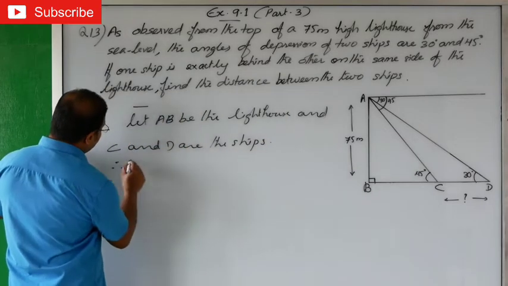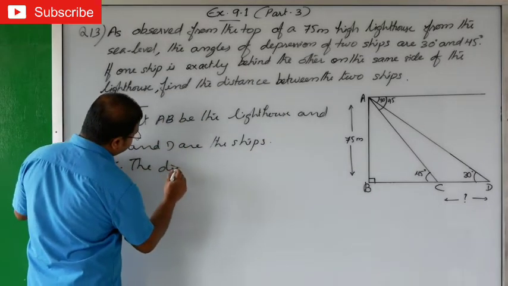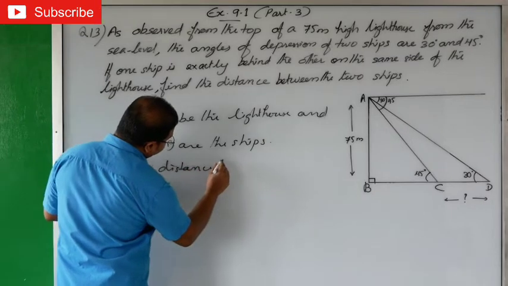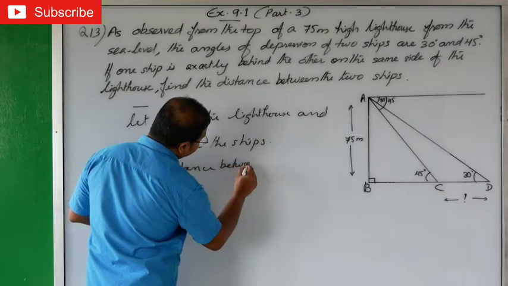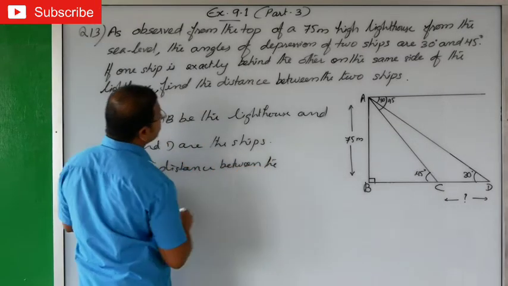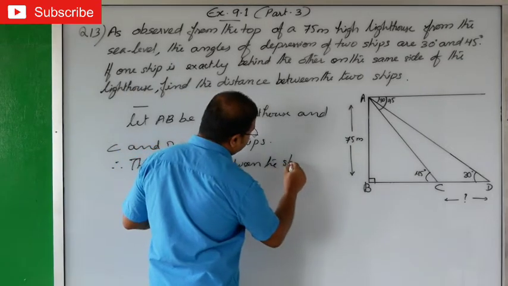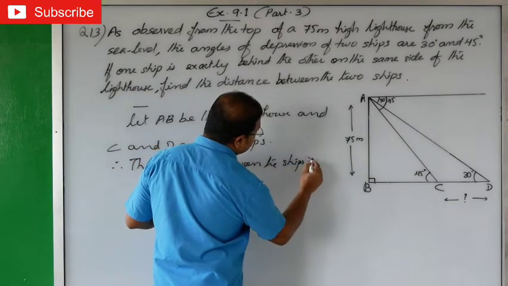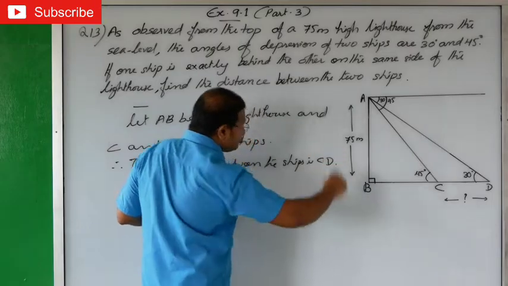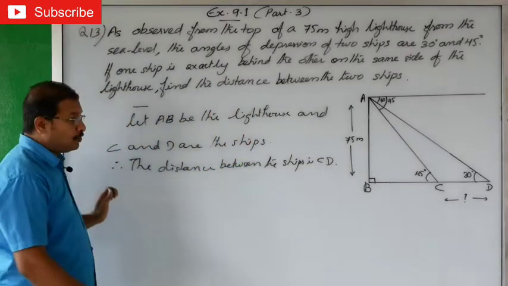Therefore, the distance between the ships is CD. So let's start the work now.